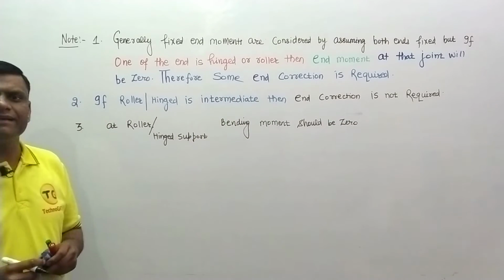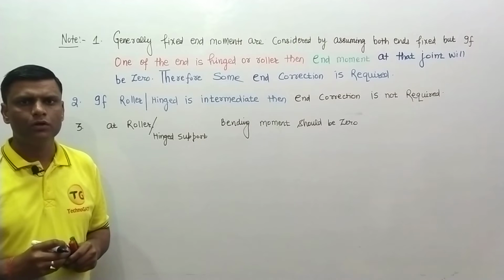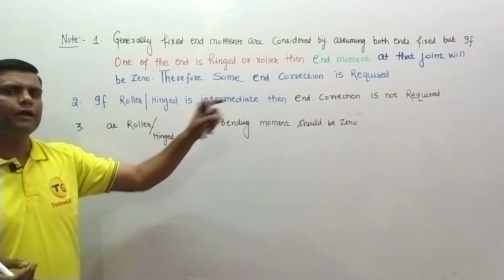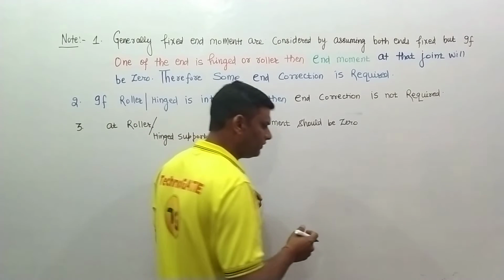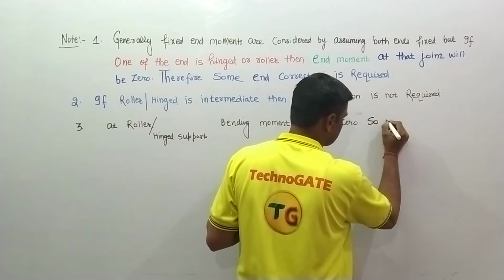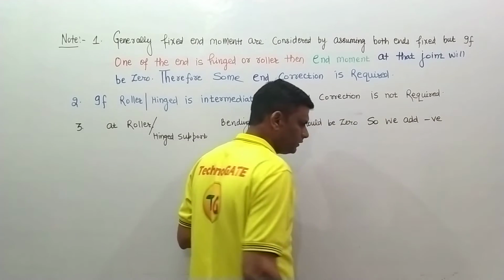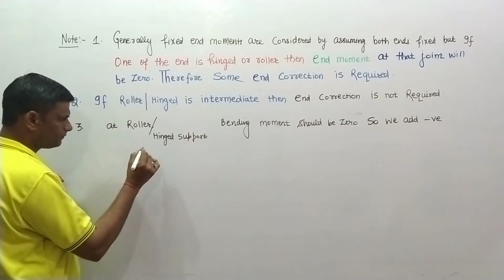Therefore, we add some negative moment to get the value of the bending moment equal to 0 in the place of end correction.